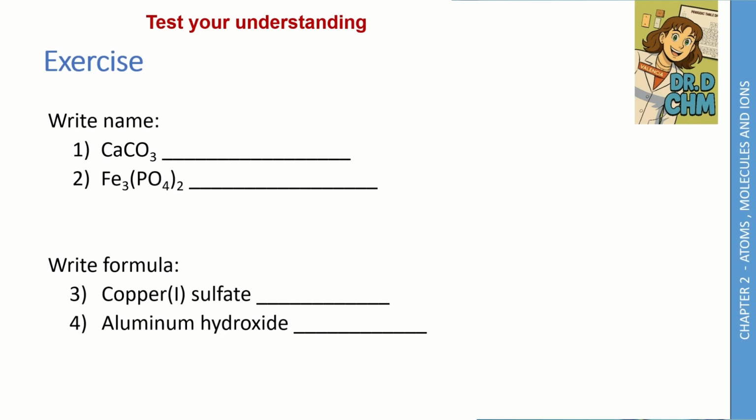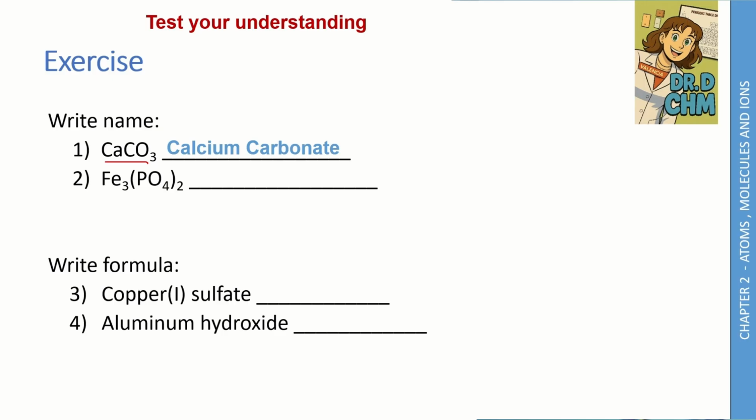Okay, so if you don't have the periodic table with you in your hand, you should have your periodic table, and you should print out the tables that I asked you to print. We're going to find them on Canvas. So here we have a carbonate and we have calcium, so it will be calcium carbonate.